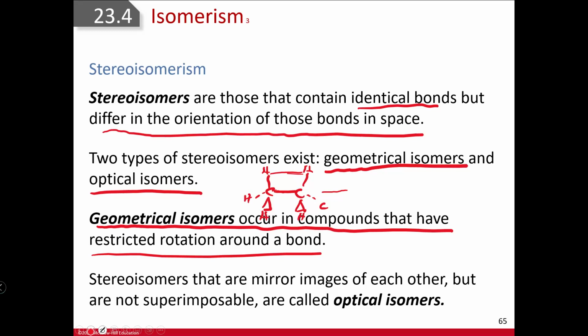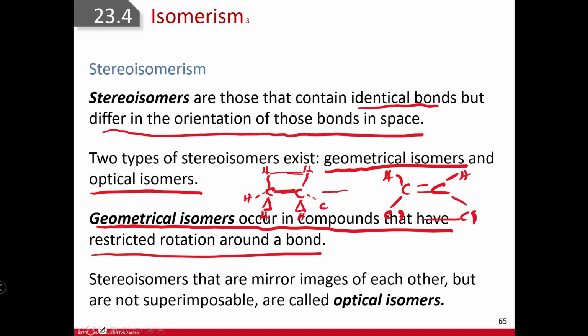So geometrical isomers is where this is restricted. There's no rotation. And so that's going to occur once you have something like a double bond. Once you have a double bond, those carbons cannot rotate. And so you have a fixed or restricted rotation around the carbons. So with the geometrical isomer, what we're going to look for is if we have a chlorine here, maybe a chlorine here, are they beside each other or are they across from each other?